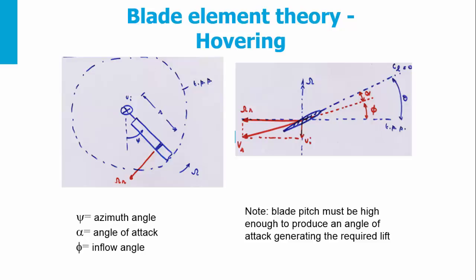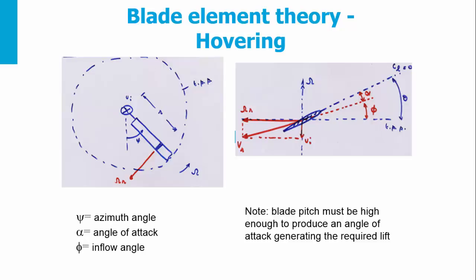Induced velocity composed with the omega r rotational velocity of the blade gives the resultant velocity on the blade element, Vr. The following angles can be defined.